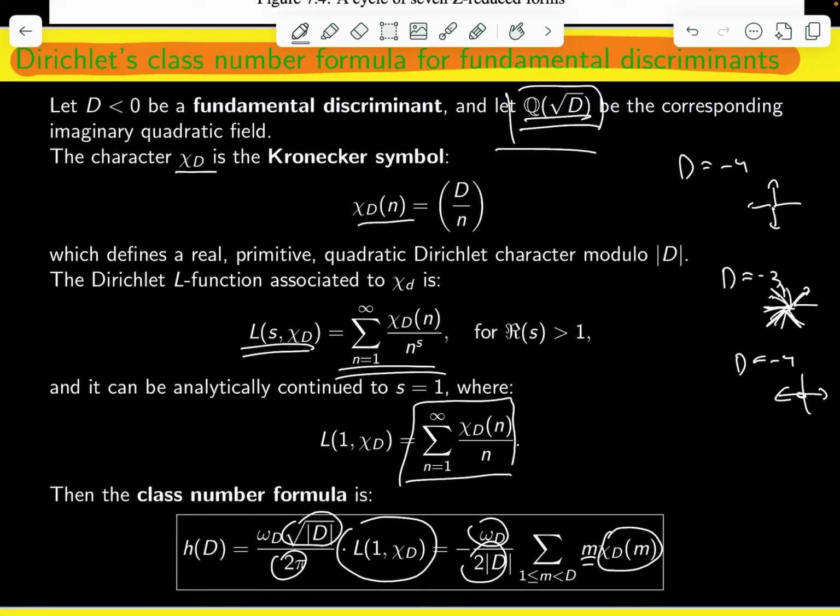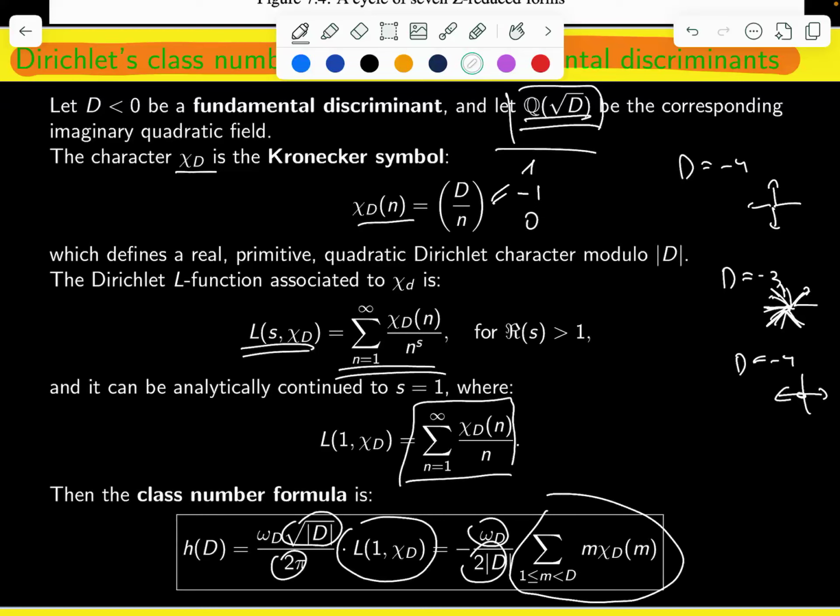Here the sum is finite, but as you remember, this Kronecker symbol may be 1, minus 1, or 0. So this sum is good, but the terms have different signs. Some of them are positive, some of them are negative. Well, no idea how to estimate it. So as I said, it's very difficult to use this formula.